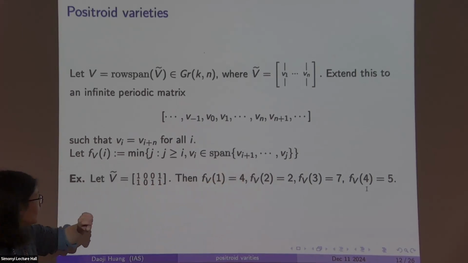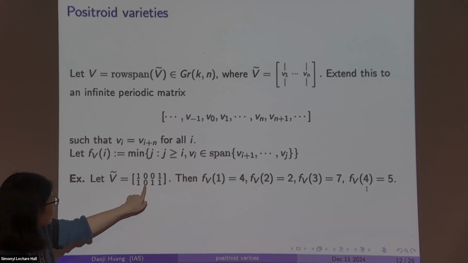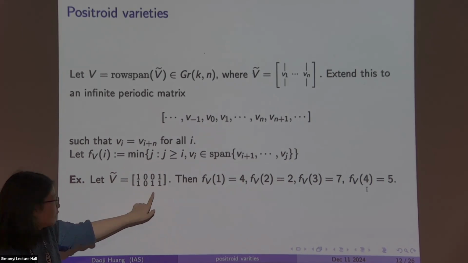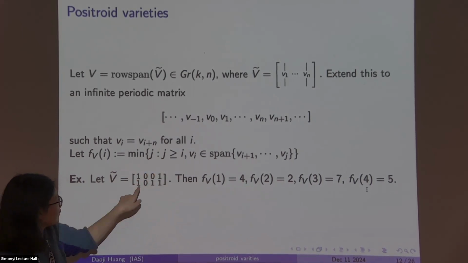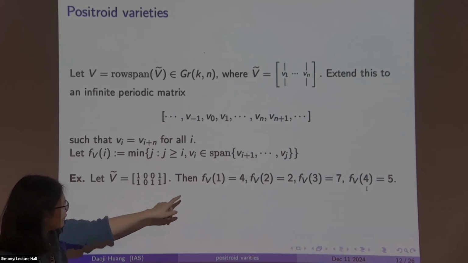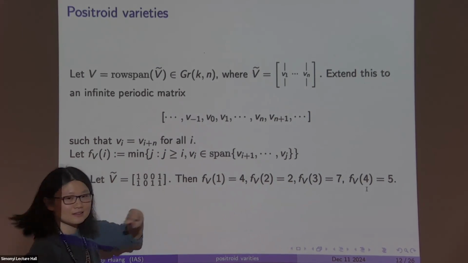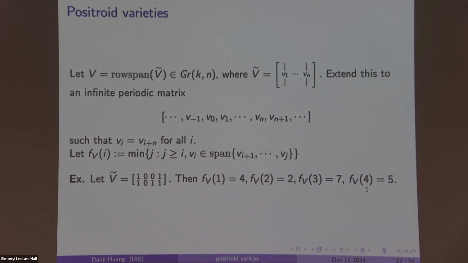So for example, f(1) equals 4 because if I start here, it's not in the span of this one, it's not in the span of these two, but it's in the span of these three. And because it's extended infinitely periodically, when you see f(3) equals 7, you just keep going. Are we okay with this definition? Okay.